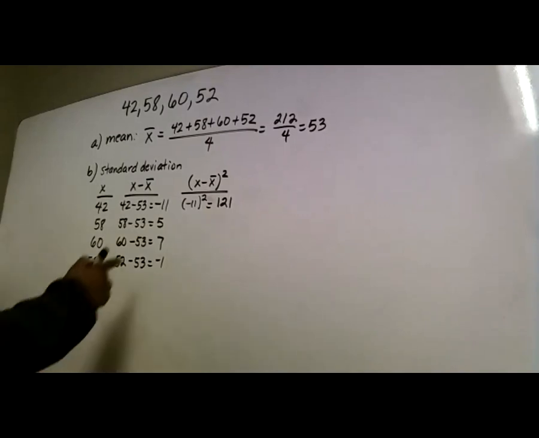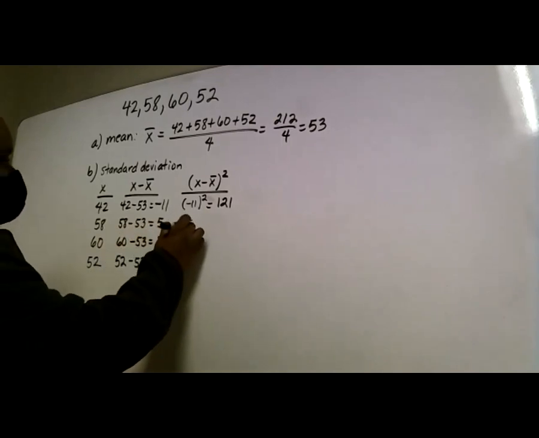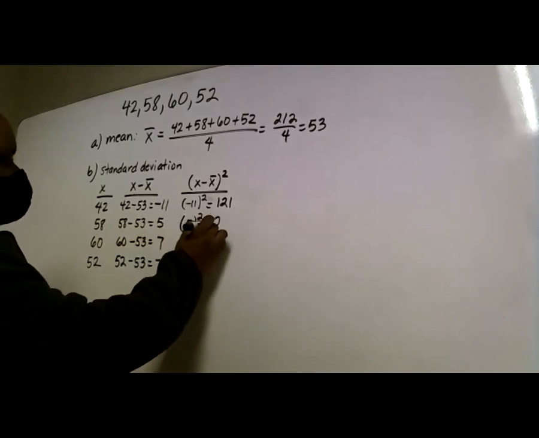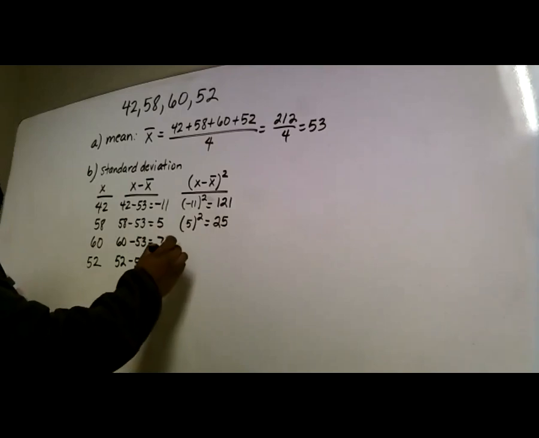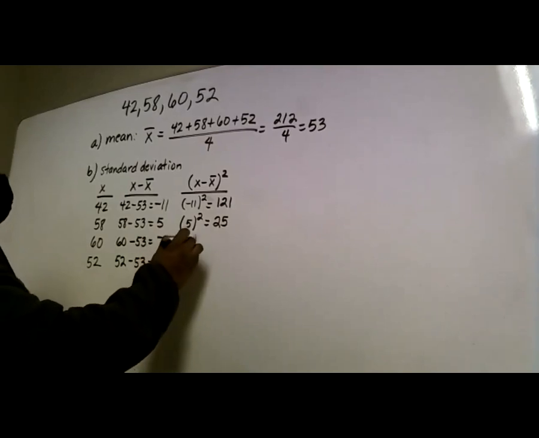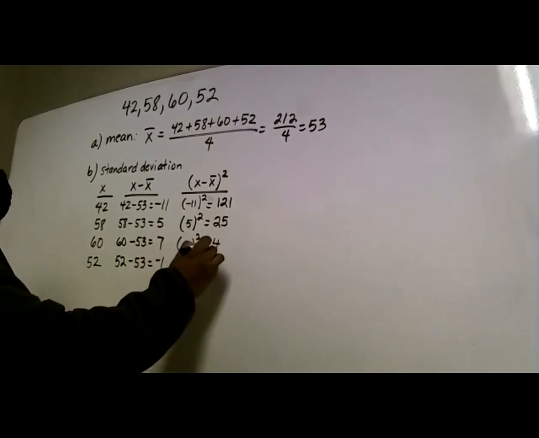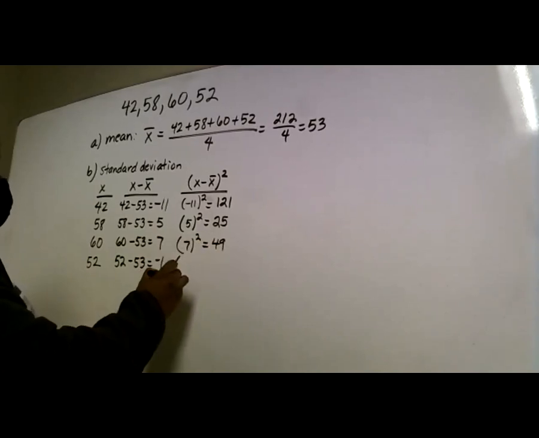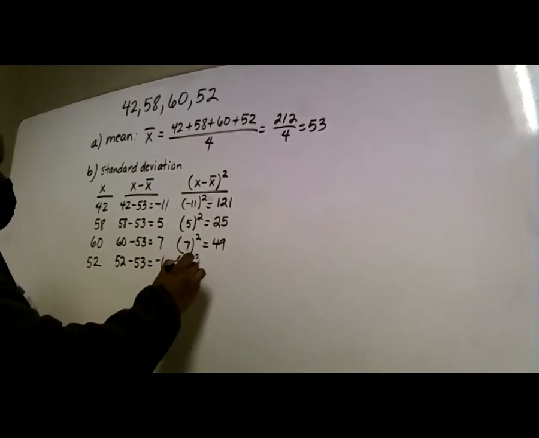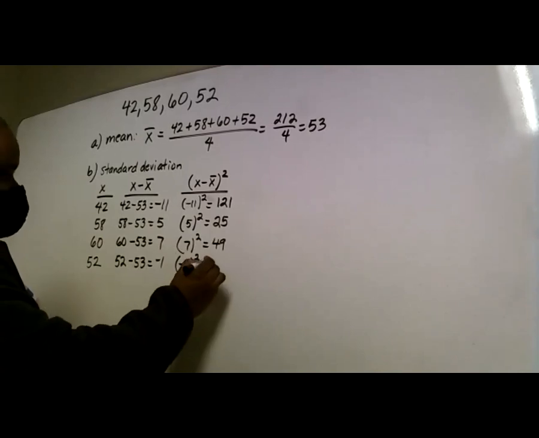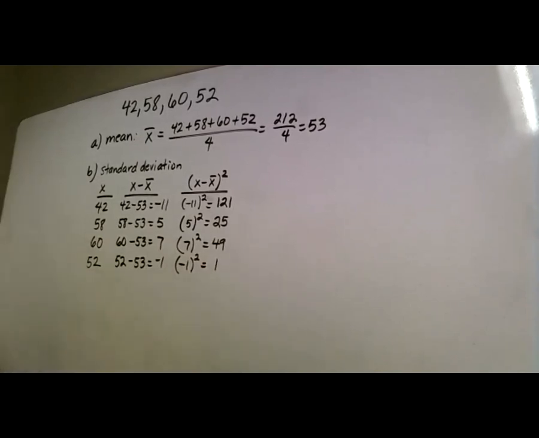And 5 squared is 25. Then 7 times 7 is 49. And negative 1 times negative 1 is positive 1. So those are the squares of the deviations.